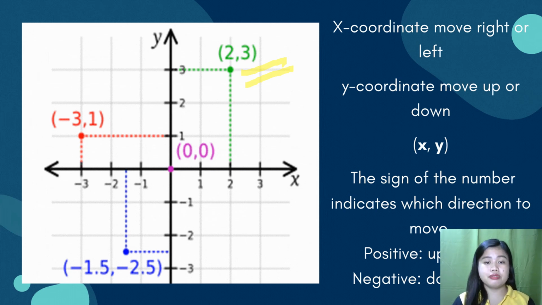And we move 3 units up, since the y-coordinate is 3 and it's positive. So the sign of the number indicates which direction to move. Take note, when it's positive, it's either up or to the right. When it's negative, it's to the left or down.